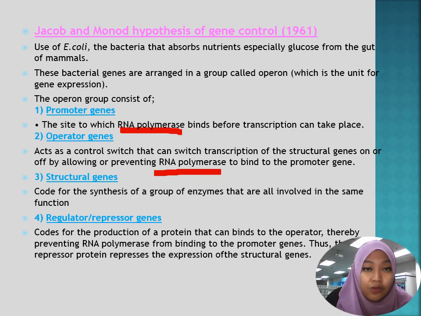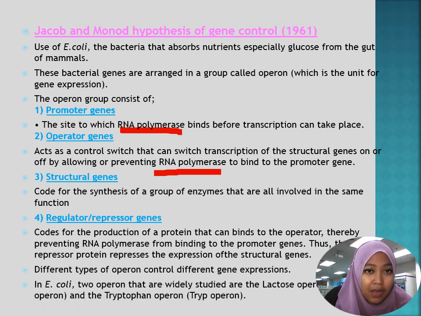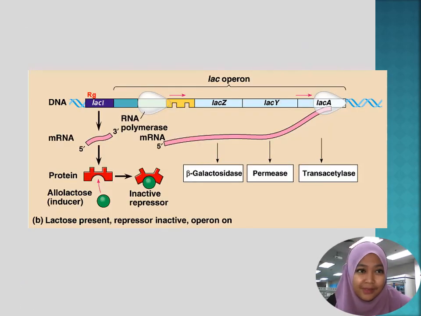I will give you a picture. Here is the image of the lac operon. As I mentioned earlier, it has four structures. It starts with the R, the regulator, which produces the repressor.